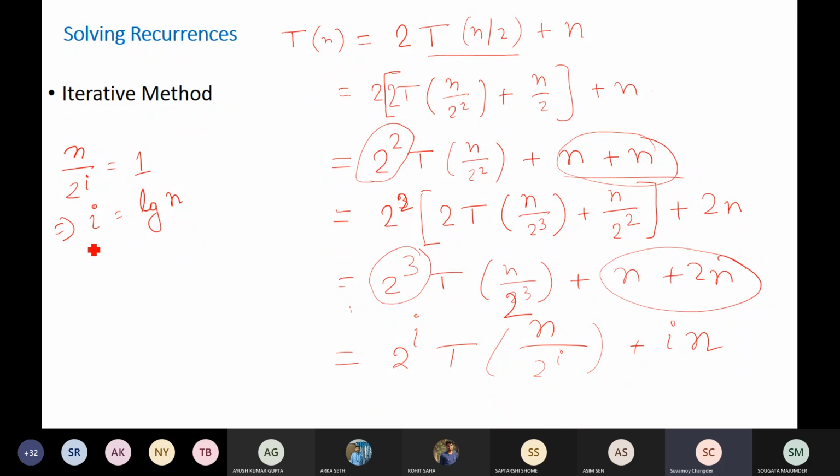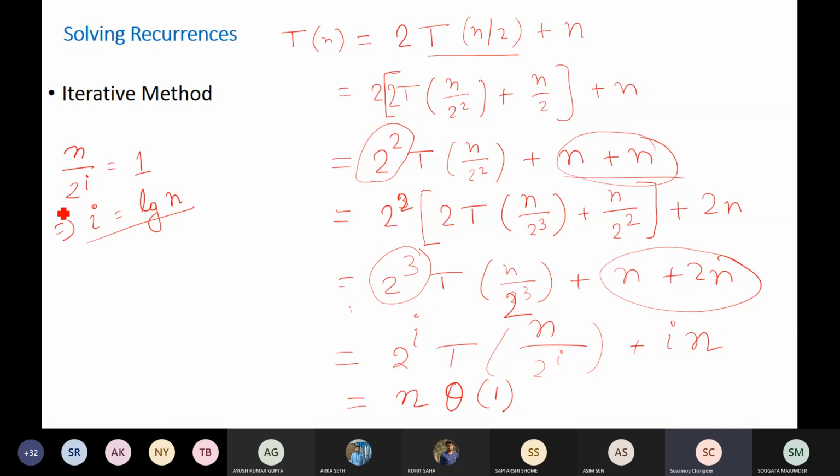So if we substitute this value here, what will we get? 2^i means n, and T(n/2^i) equals T(1), which is a constant, theta of 1, because this is the terminating condition, it will stop.